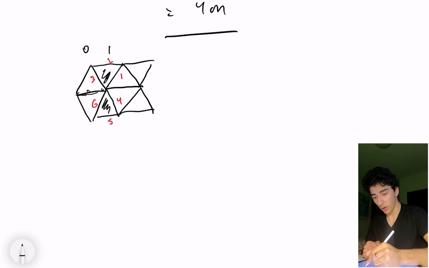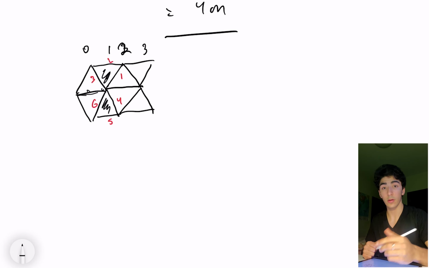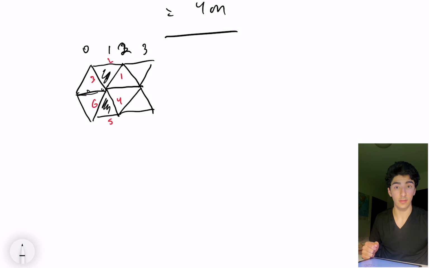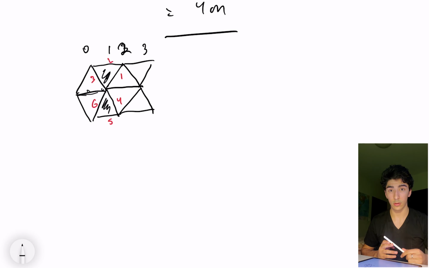No matter how far we go, at 2, it matters. At 3, it doesn't. At 4, it does. At 5, it doesn't. At 6, it does. At 7, it doesn't. What we can say is that if it's even, then it matters. Then you should check. But if it's an odd index that we're checking, then it doesn't matter.